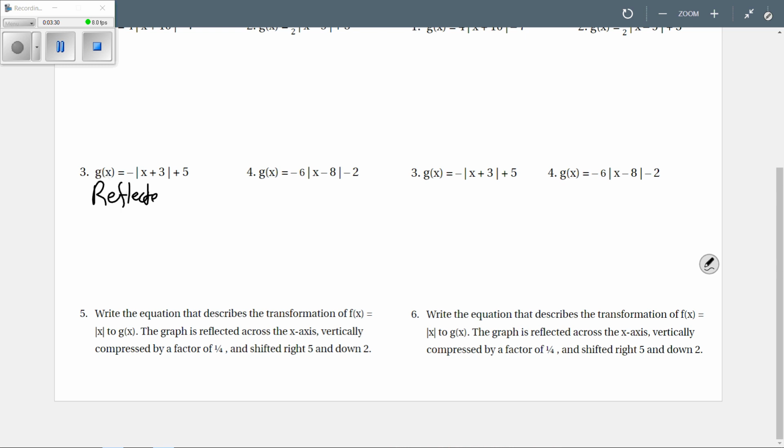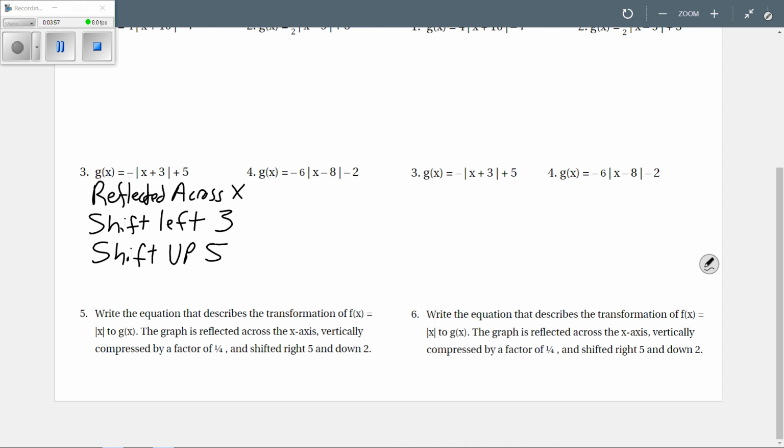Okay, with plus 3 on the inside, it tells a lie, so shift left, not right. Shift left 3. All right, and then on the outside, the 5 tells the truth. Shift up 5. And we're done.